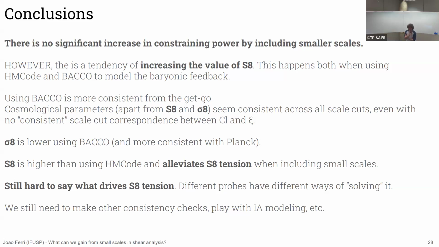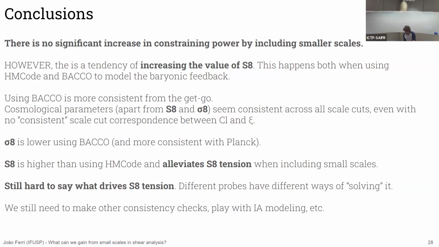It is important, but I think the idea is that we deliberately chose not to use this consistent scale cut just to say that if the results are inconsistent between real space analysis and harmonic space, it can be two things.